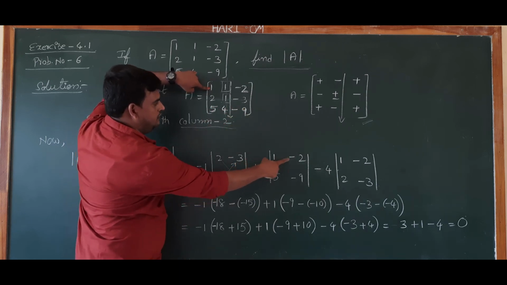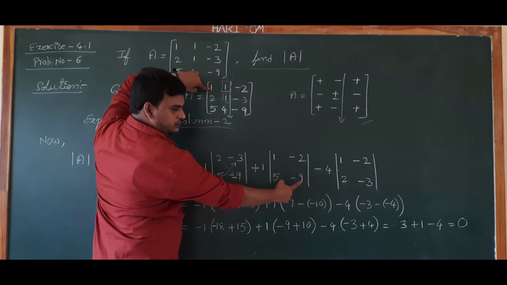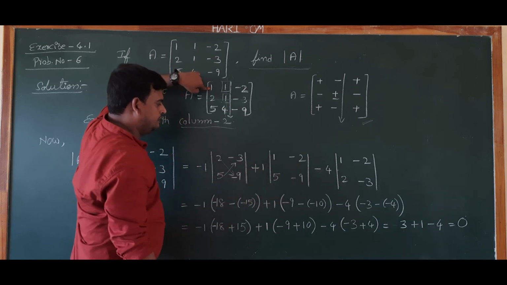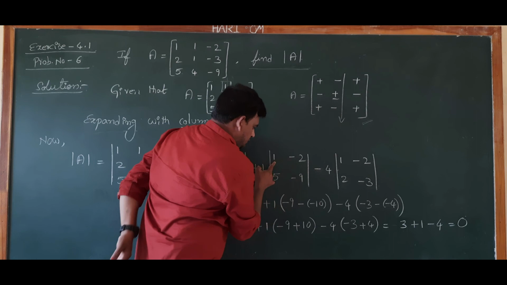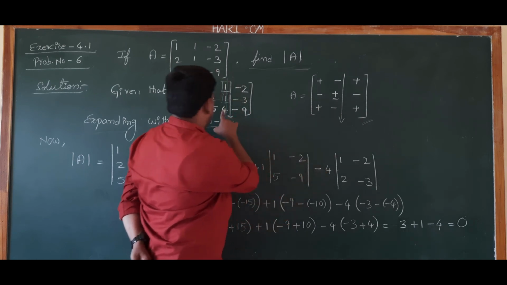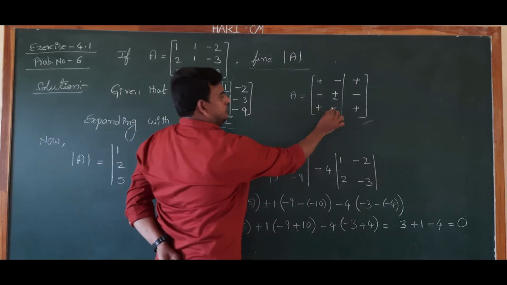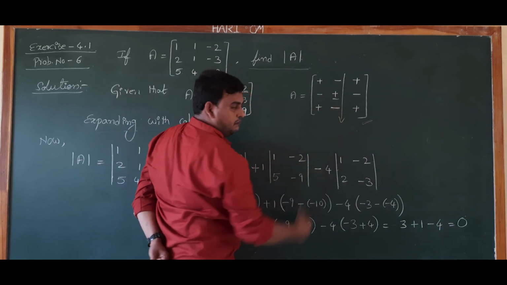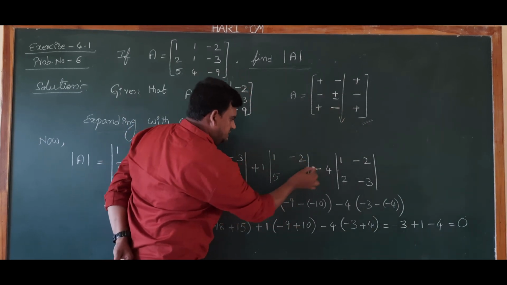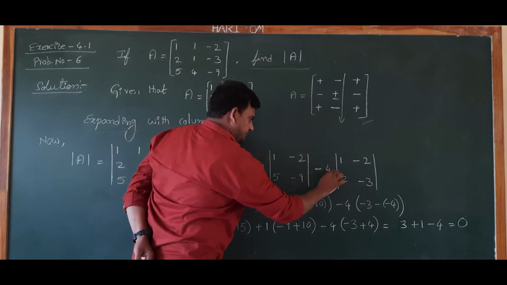So 1, minus 2, 5, minus 9. Next, the third element, which is 4. The coefficient of 4 is minus. So we keep minus 4.